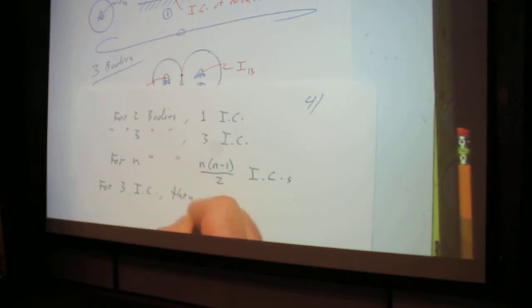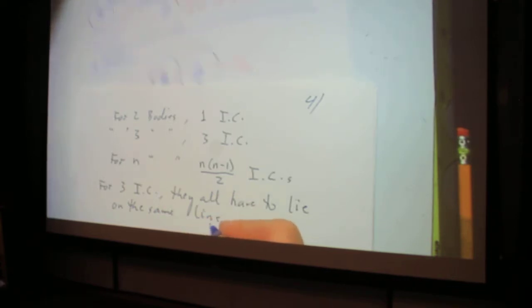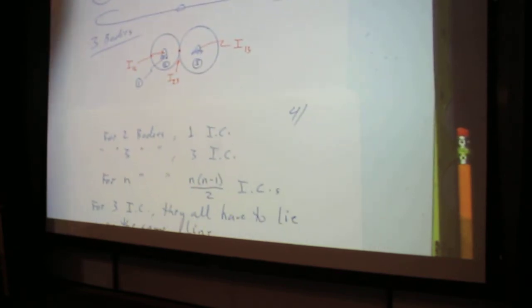And this is the basis for 3 instance centers. They all have to lie on the same line. So let's look back at this thing here. It's all in frame here.